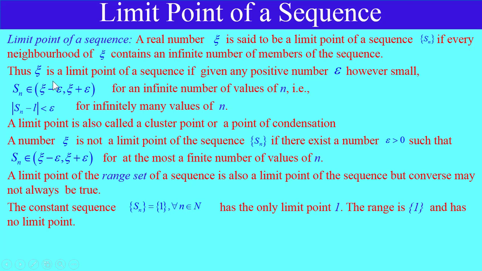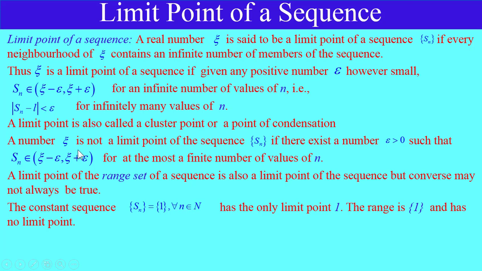Thus, xi is a limit point of a sequence if, given any positive number epsilon, however small, Sn belongs to (xi minus epsilon, xi plus epsilon) for an infinite number of values of n, that is, modulus Sn minus xi is less than epsilon for infinitely many values of n. A limit point is also called a cluster point or a point of condensation.